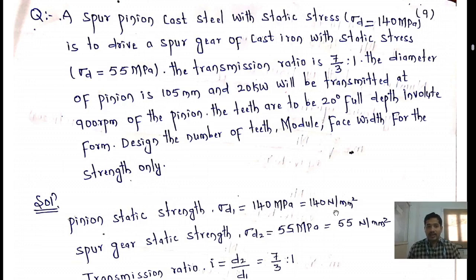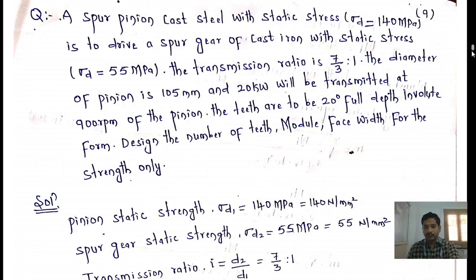And the second thing given in the problem is the static strength of the spur gear, sigma d equal to 55 megapascal. The transmission ratio is given as i is equal to d2 by d1 is equal to 7/3:1.